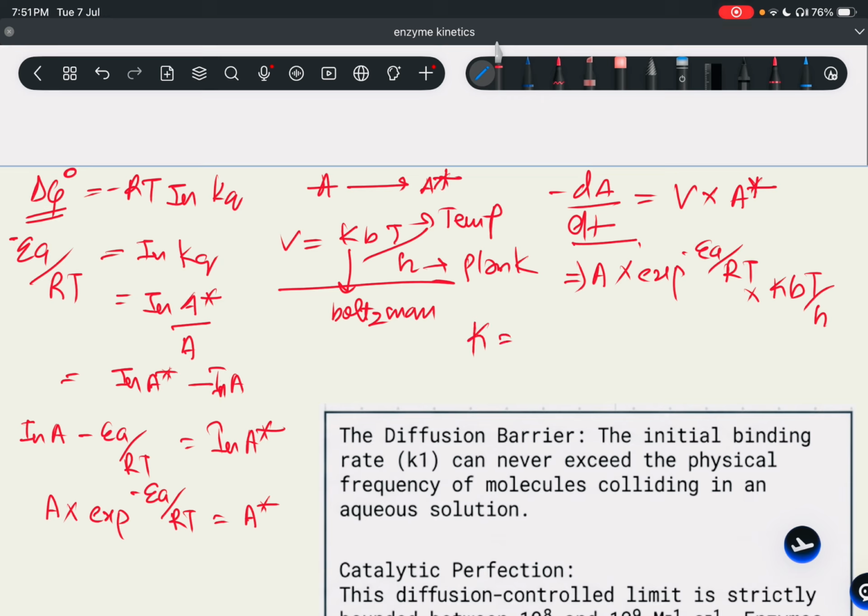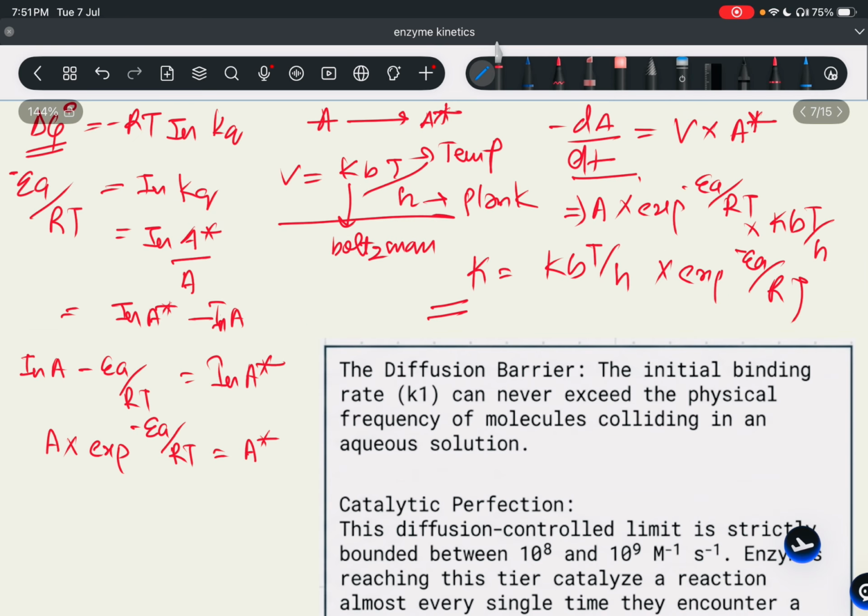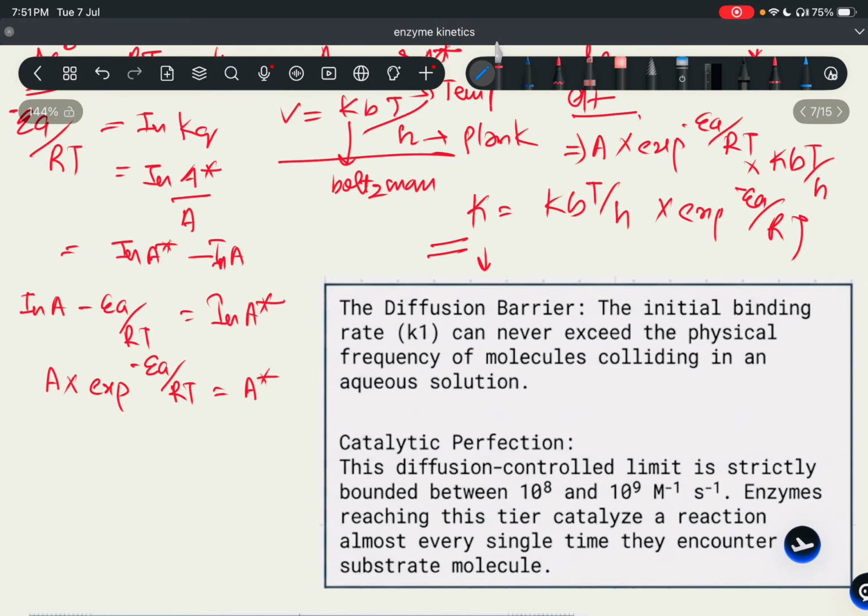And if you want to find this K, then simply remove the A because you don't need the concentration in this case. So the rate constant, the first order rate constant, is given by this. The important thing is that if this K is reduced, then exponentially your activation energy increases.